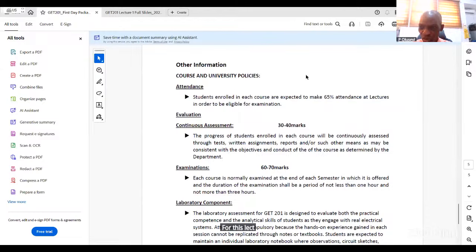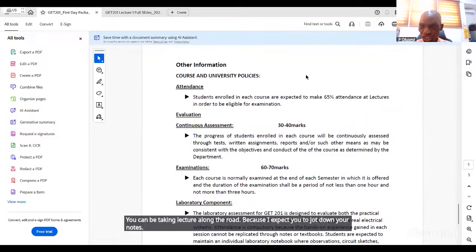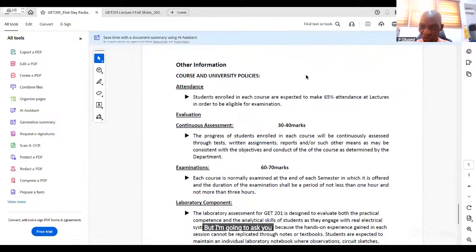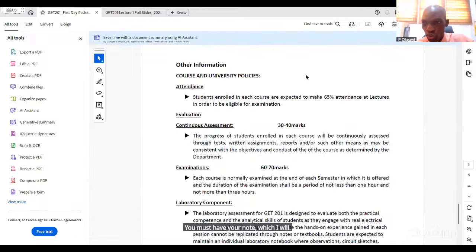You can't be taking lecture along the road, because I expect you to jot down your notes, because I'm going to ask you for your notes. Maybe I forgot to let you know this. You must have your notes, which you will submit, and I will look at those who have complete notes. You need to be aware of this, please.